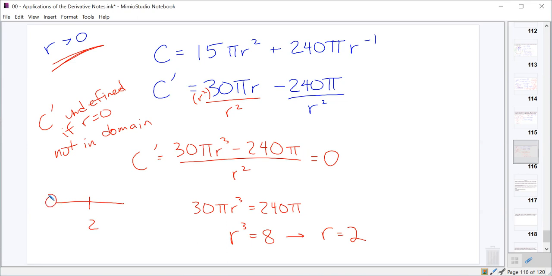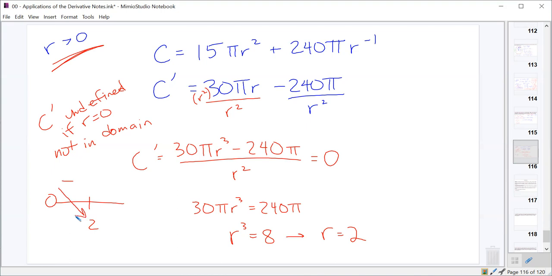We can't have anything below 0. So if we plug in something less than 2, like 1, our denominator here is always positive. And our numerator, if r is 1, that's 30 pi minus 240 pi, which is a negative number. So the function is decreasing.